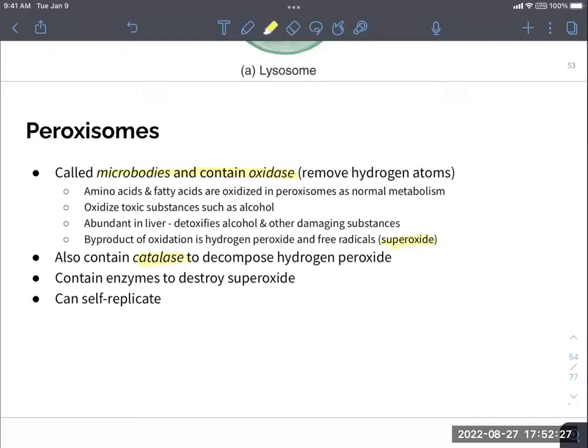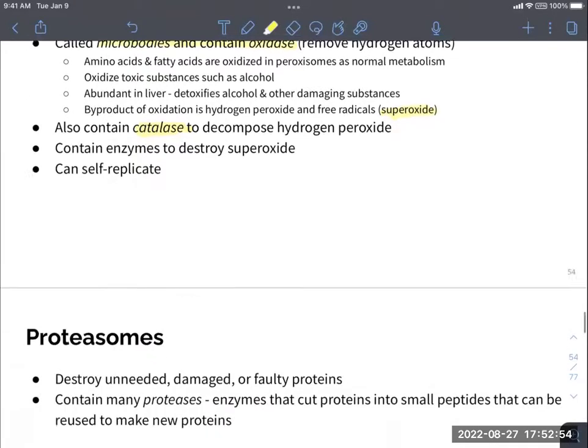Once it creates that superoxide, it needs to destroy it right away. So as peroxisomes create that superoxide, breaking down hydrogen peroxide or something else, once that superoxide is created, it breaks it down. We don't want it in our system. Peroxisomes also can self-replicate. So if we need more peroxisomes, more start to replicate and create themselves.